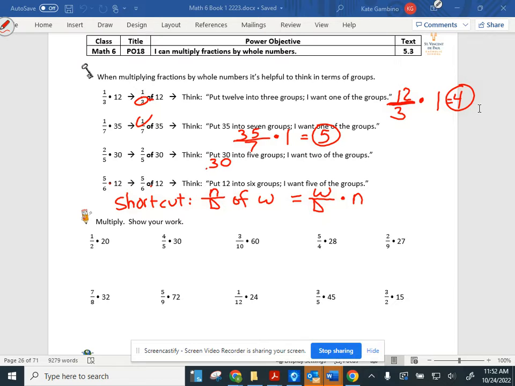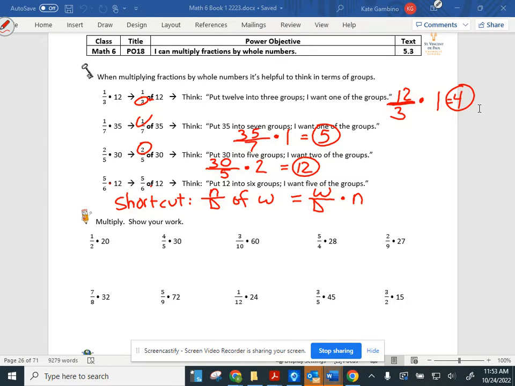So 30 divided by 5 times, this time we're timesing it by 2 because we want 2 of those groups. So 30 divided by 5 is 6. 6 times 2 gives me that 12.